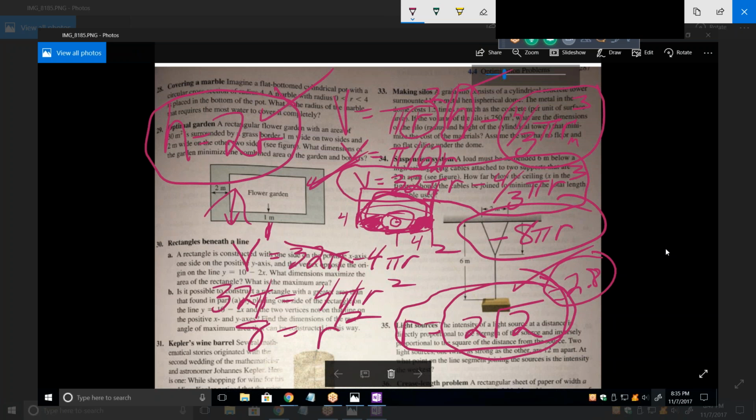And obviously, if I make the radius smaller than 2 root 2, I don't require as much water to cover it. And if I make it bigger than 2 root 2, I don't require as much water to cover it. The most amount of water required to cover it is when the radius of the marble is exactly 2 root 2.